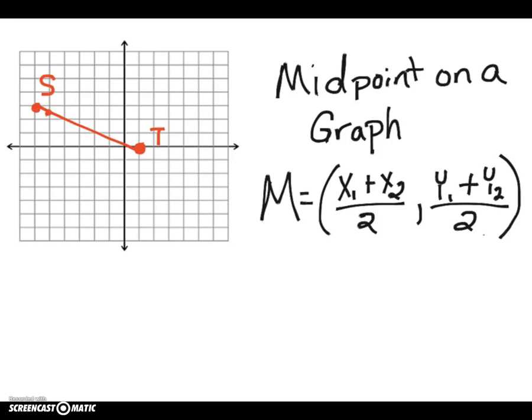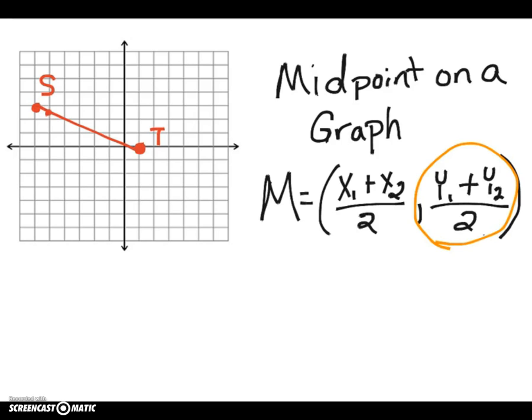Here is our formula for finding the midpoint on a graph. You're going to notice that this first part is exactly the same as what we just did on a number line. All we've done is copy the exact same thing and substitute the x's with y's. That's our second part.